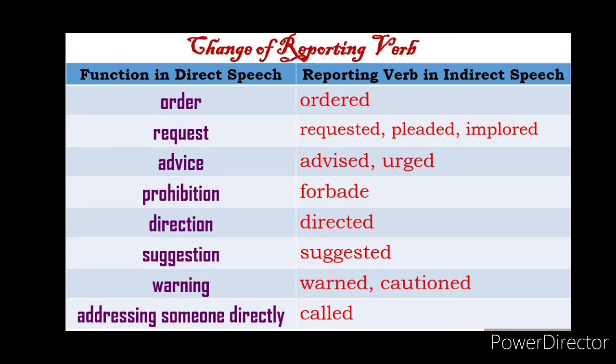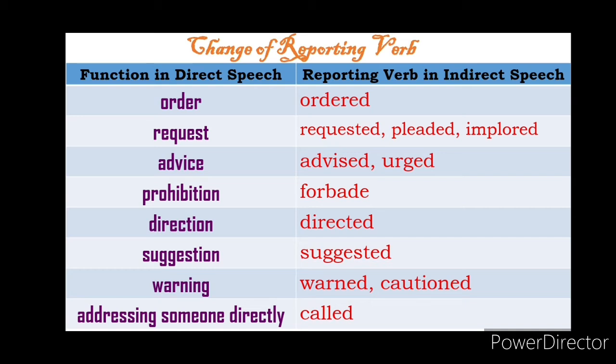Change of reporting verb. Depending on the meaning conveyed by the sentence in direct speech, different reporting verbs are used in the indirect speech to replace words like said and told. Let's see the function of such words in direct speech and their reporting verb in indirect speech.